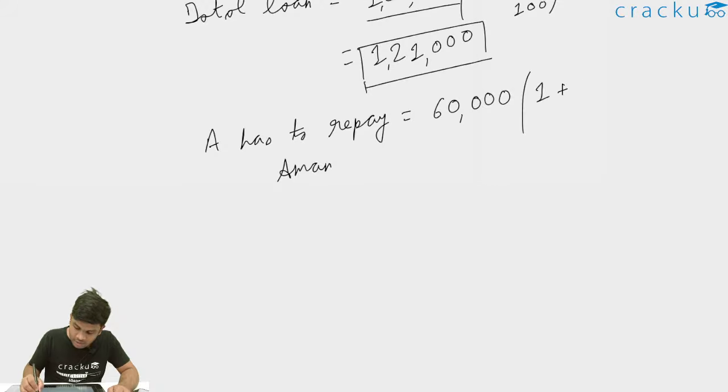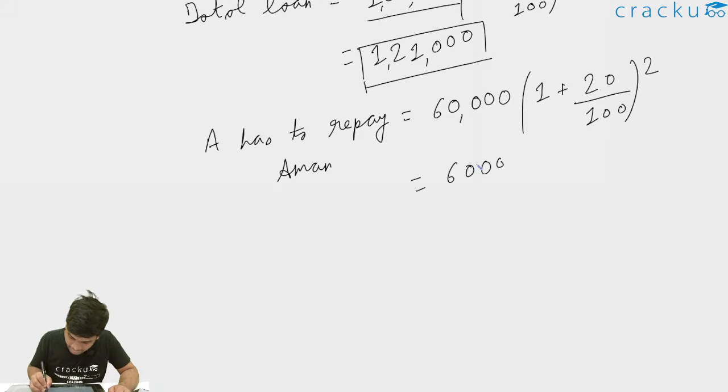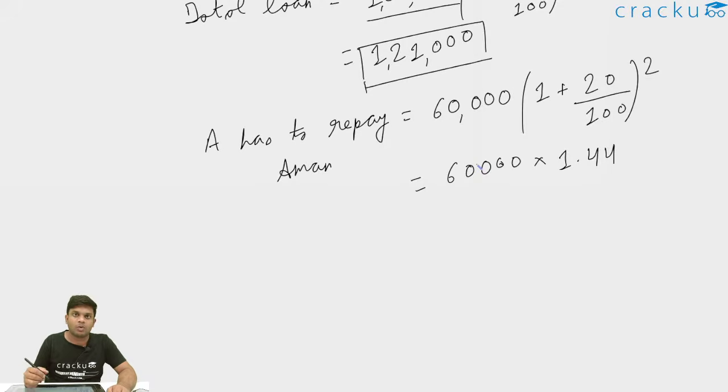It is at 20%. So it is 60,000 into 1.44, because 1 plus 20 by 100 is nothing but 1.2, and 1.2 squared is 1.44.